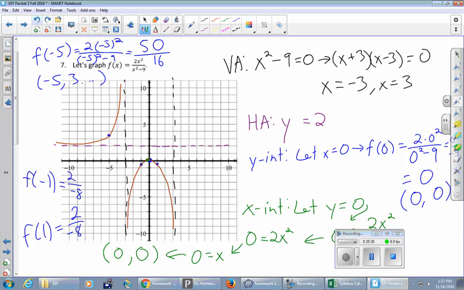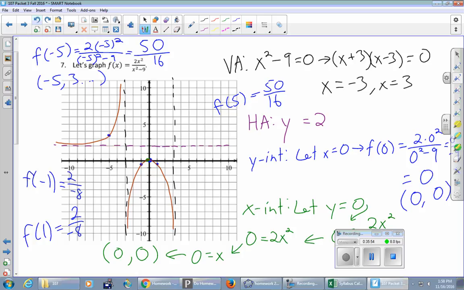Anything bigger than 3. We did -5 before. How about 5 again? So f of 5. Upstairs, 50. Downstairs, 16. Well, that looks familiar, 50 over 16.